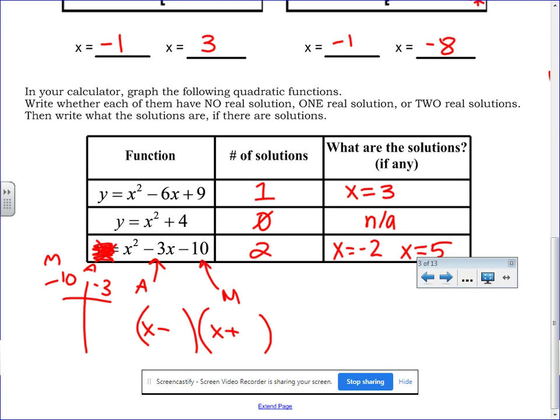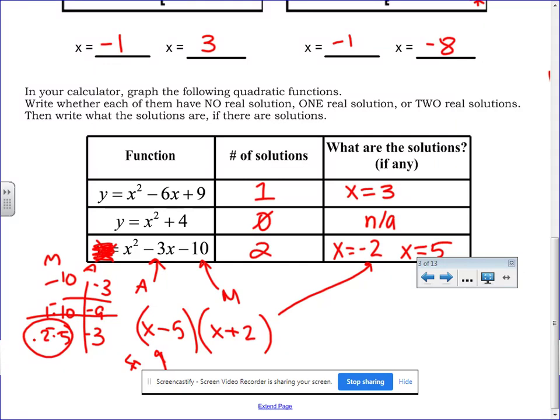And if b is negative, then your larger factor is negative. So I have 1 times 10 or 2 times 5. So it's either -10 or -5. 1 and -10 will give you -9. That doesn't work. 2 and -5 gives you -3. And then it's x minus 5 times x plus 2.